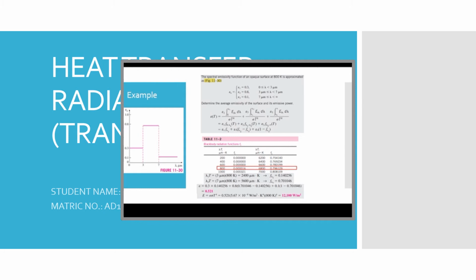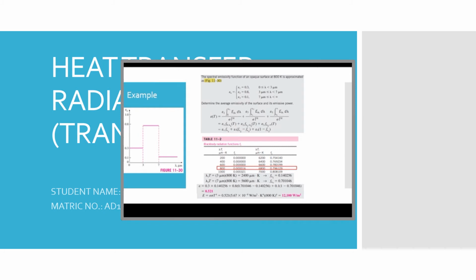The variation of the emissivity of the surface with wavelength is given as a step function, as in figure 11.30. Therefore, the average emissivity of the surface can be determined from equation 11.34 by breaking the integral into three parts, where f λ1 and f λ2 are blackbody radiation functions corresponding to λ1T and λ2T.